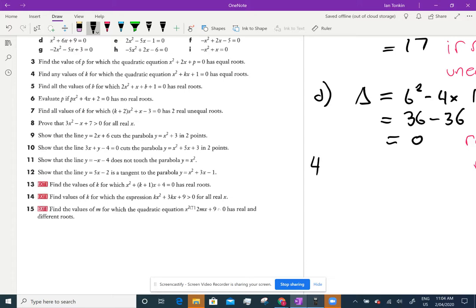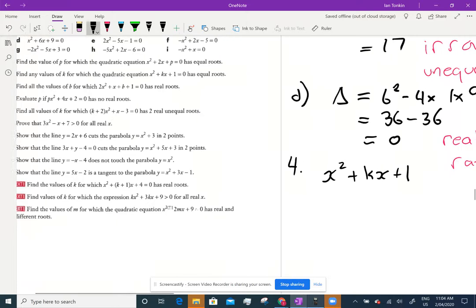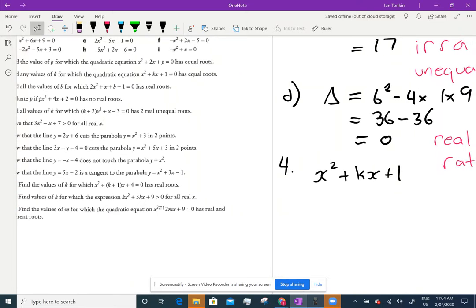So in question 4, and I'll ask this sort of question all the time, x squared plus kx plus 1 equals 0. I want to find the values for k which will give equal roots. Well, if they've got equal roots, the discriminant has got to equal 0. The discriminant is b squared minus 4ac.